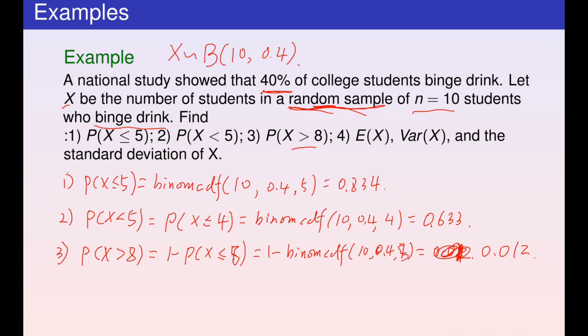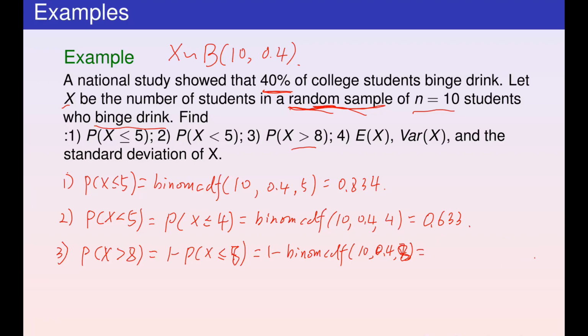Be careful on this. If we are talking about greater than 8, it must use the complement of less than or equal to 8.